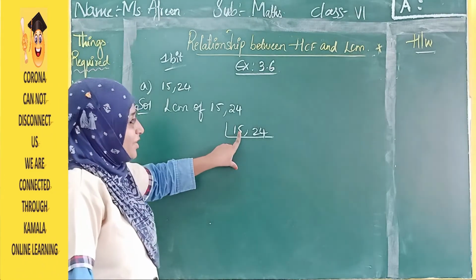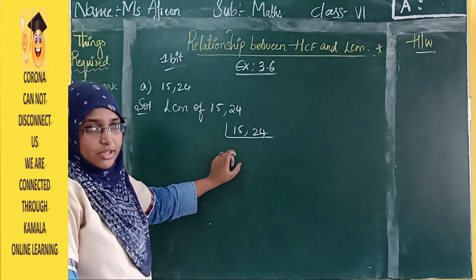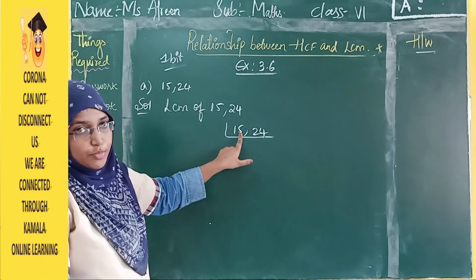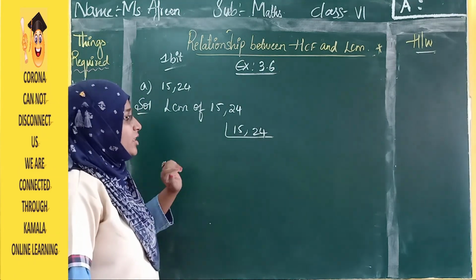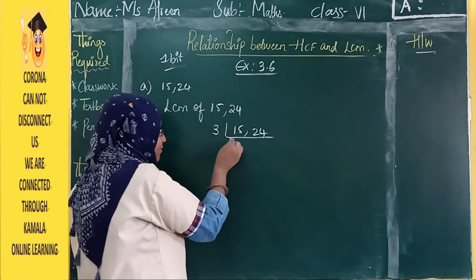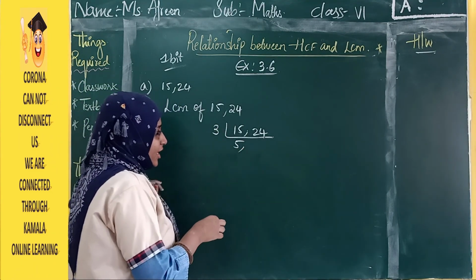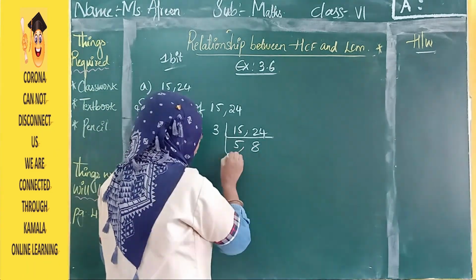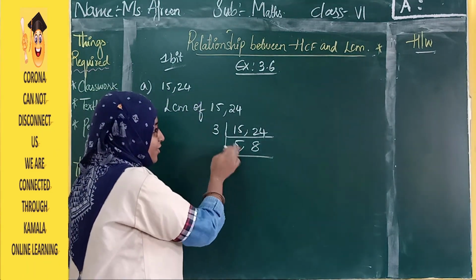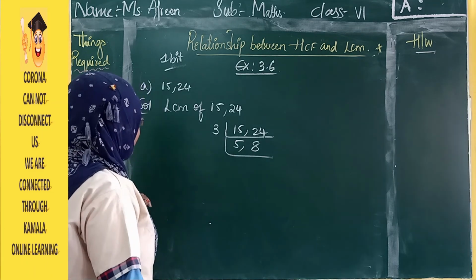In the tables, we should start with the least prime number, that is 2, but 15 cannot be divided by 2. So let us go with the 3 table. 3 fives are 15, 3 eights are 24. Next, 5 ones are 5, 8 ones are 8.